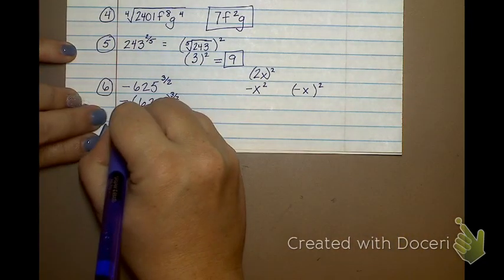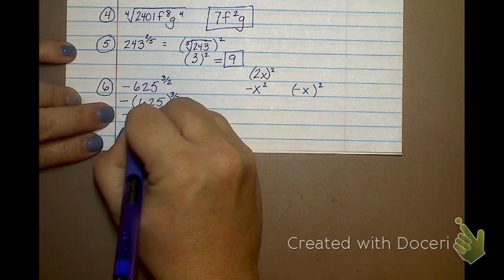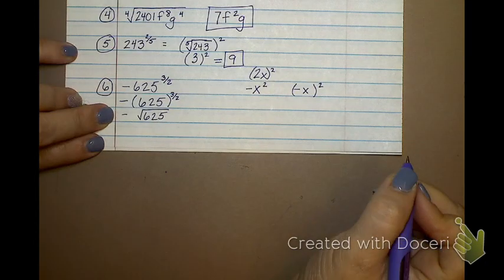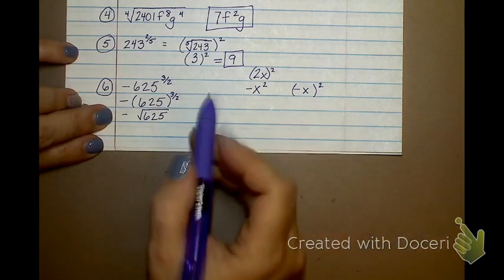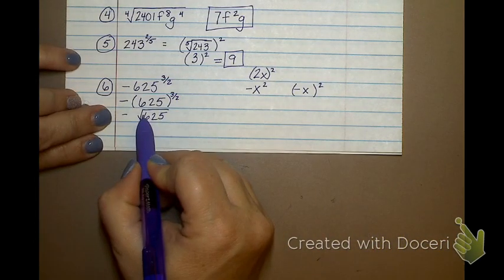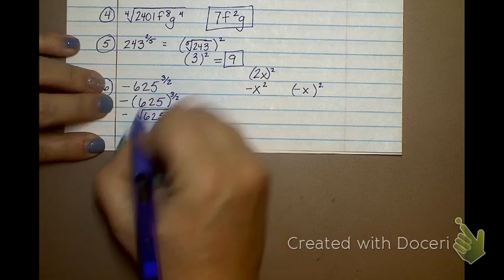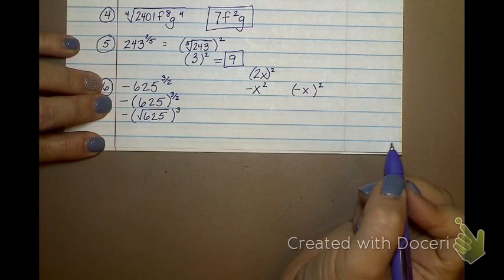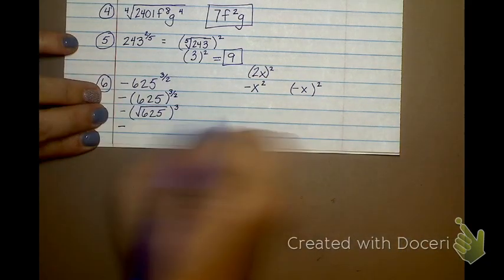So if I have to rewrite this one in radical form, what is my index? 2. Do I write an index of 2? No. So I need to find the square root of 625, and then I need to cube it, right? And this negative sign is just hanging on there.